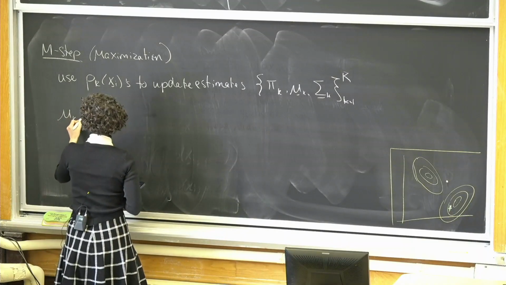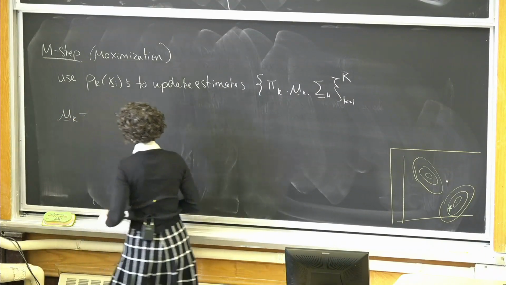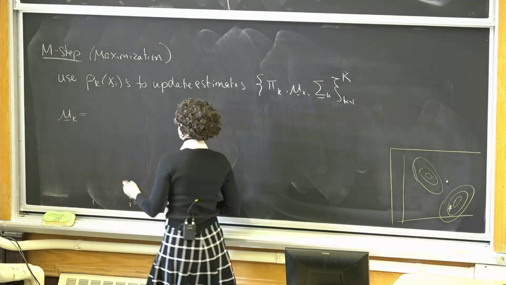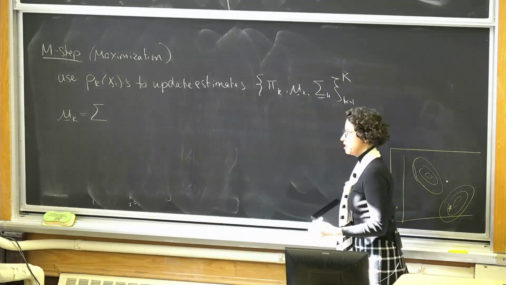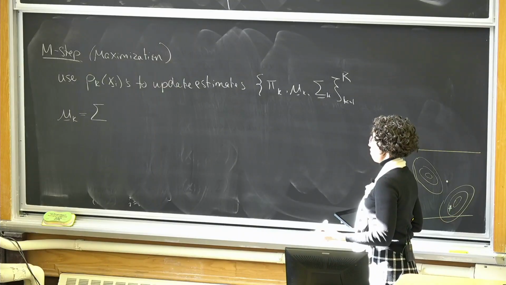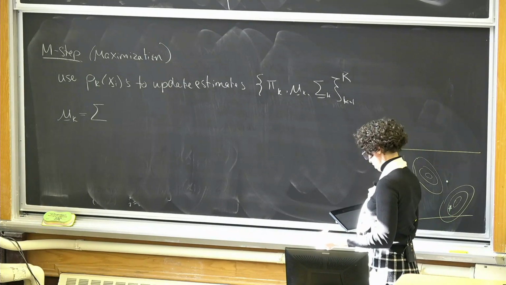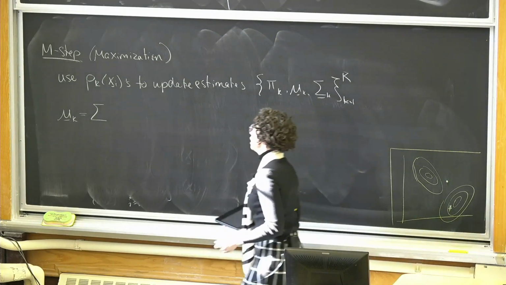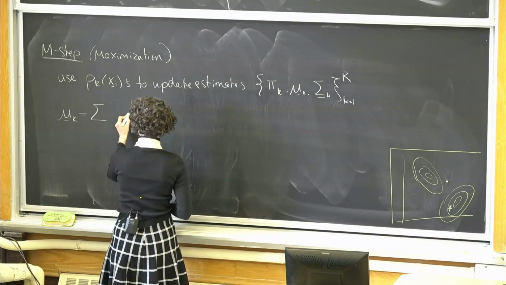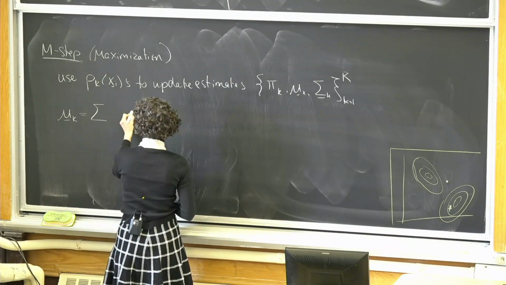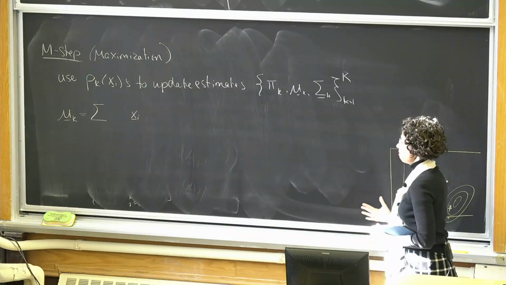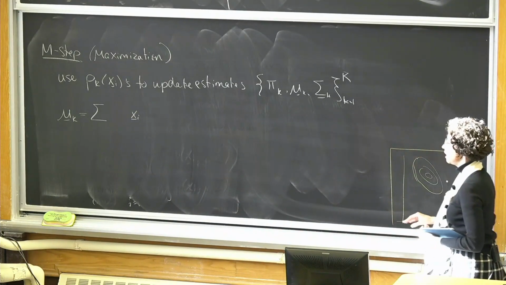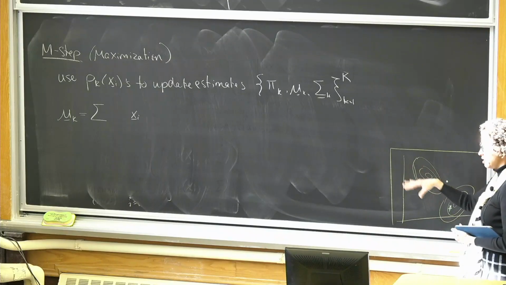And so in particular, our new estimate of mu_k is going to be inspired by what we did when we wanted to estimate the mean for a single Gaussian. If you remember, what we did there is we were computing the average of all of the different x_i's. But now we only want to estimate the mean of one of the Gaussians in this mixture.